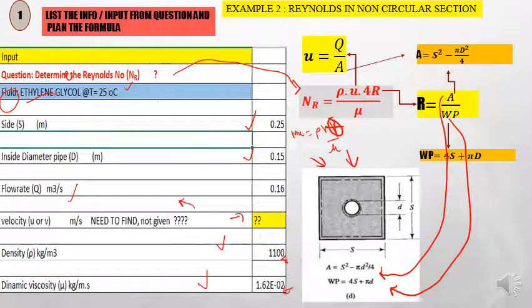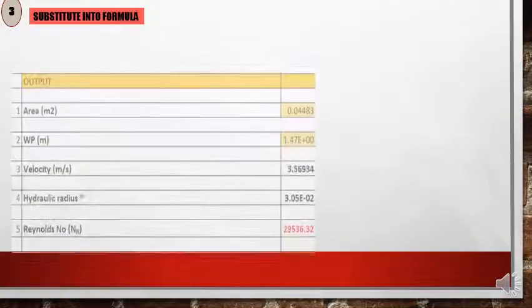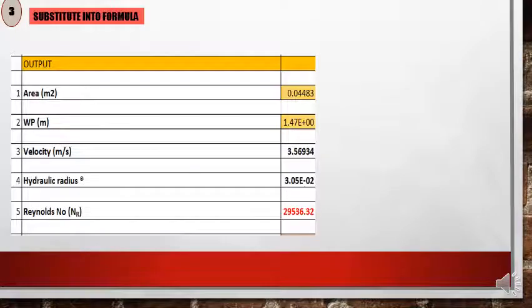Since we already have all the needed information, we can just substitute all the values into the parameters, and you will be able to get the Reynolds number.